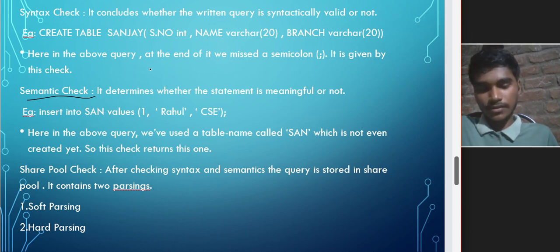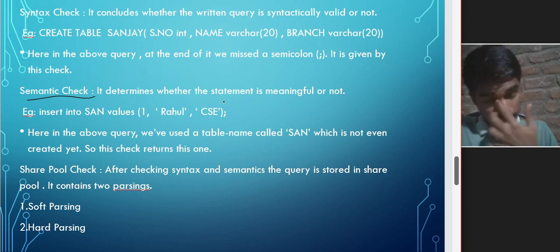The semantic check checks whether the table is present in the database or not. These values can be inserted into the table if it is present. If it is not present, it gives us a message like the table name is not valid.